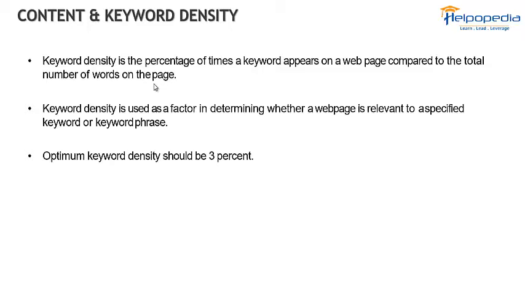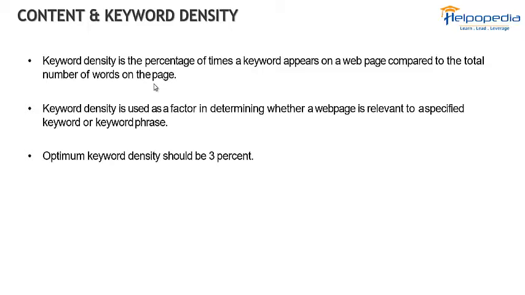No, then Google will give you an error. Google will say that you have abused the keywords, you have used keyword stuffing, which you cannot do. So you have to use it uniformly across the content.